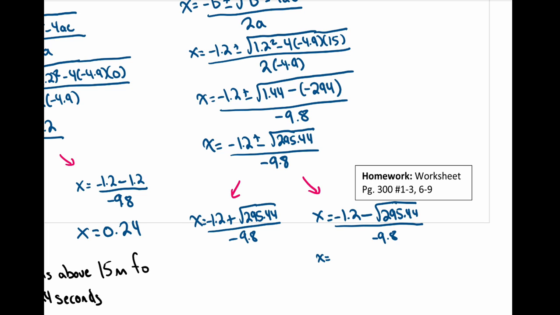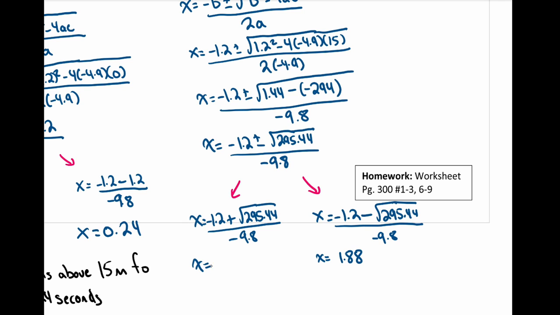So when I simplify this, negative 1.2 minus the square root of 295.44 divided by negative 9.8, I get 1.88.